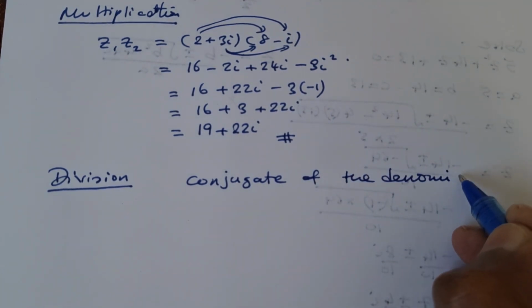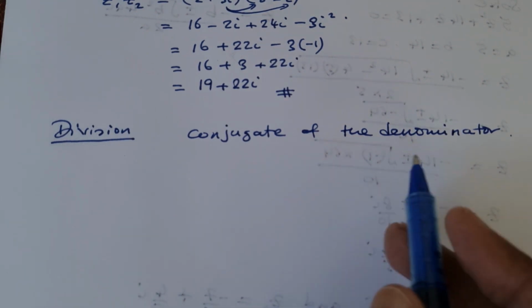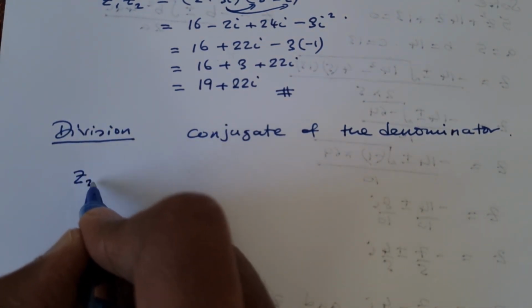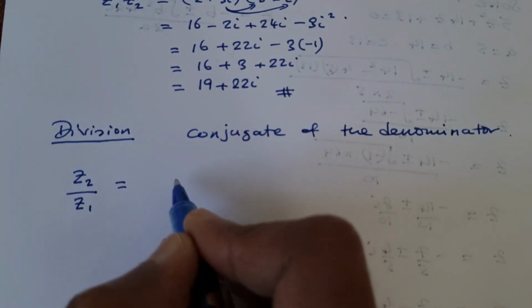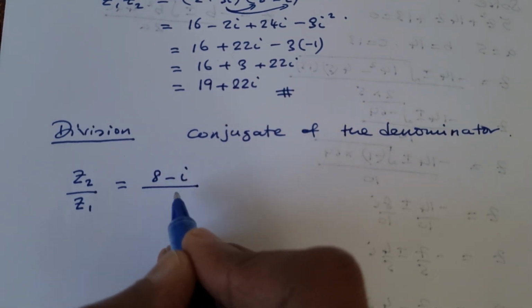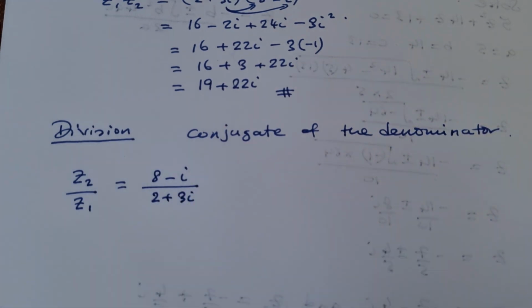You'll understand what I mean by this in just a second. So here we go. We have, let's say, z2 now divided by z1. We did say that z2 was 8 minus i, divided by z1 which is 2 plus 3i.